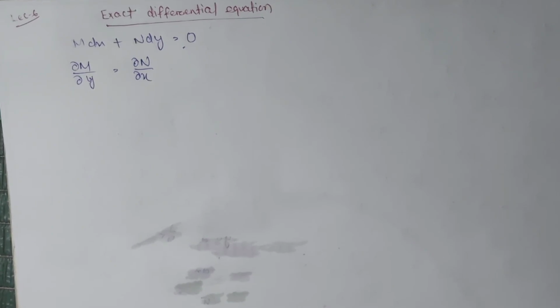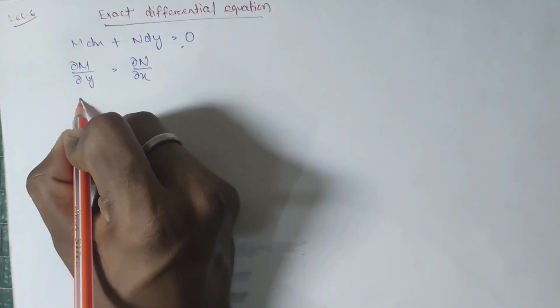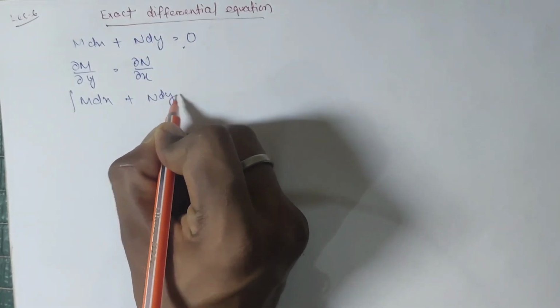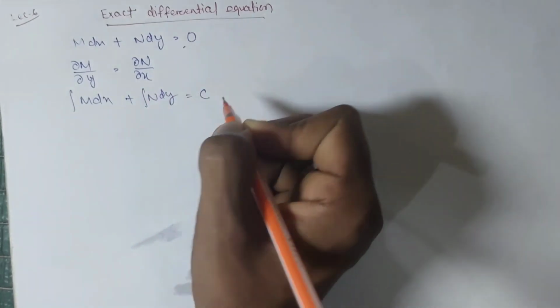What is the benefit of an exact differential equation? The benefit is that it can be integrated directly. We can integrate like this: the integral of M dx plus N dy equals some constant.